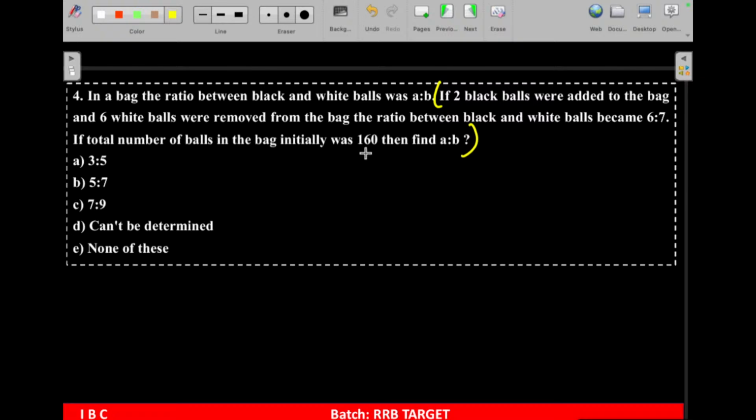Okay, see now. You know the initial number. If you do the basic method, out of 160, A is this much. Now I will add 2 balls. B is initially this much out of 160.